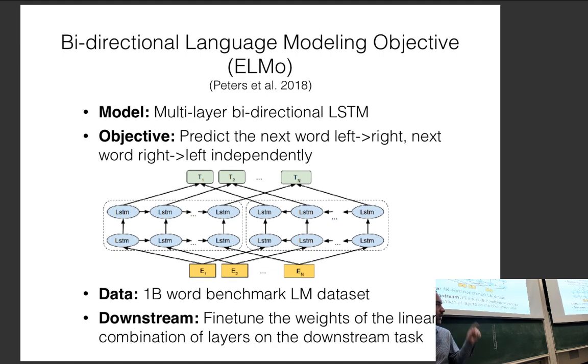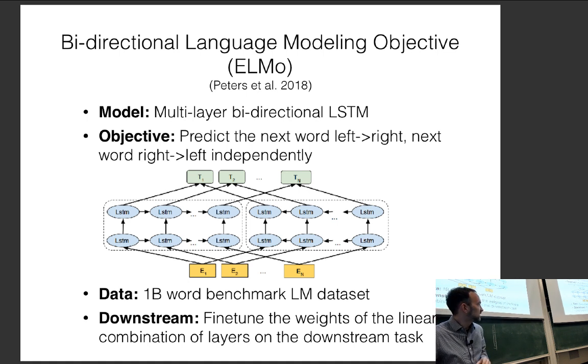And one key difference here is that they actually fine-tuned the weights of a linear combination of the layers on a downstream task. So they had many different layers, and they did a linear combination of the different layers. The motivation for this is basically that different information can be captured in different layers of the representation.